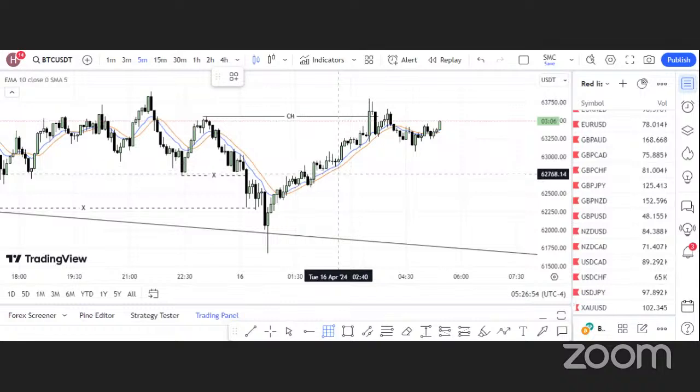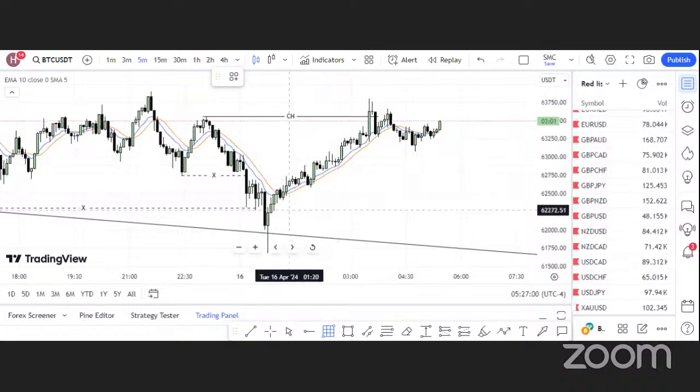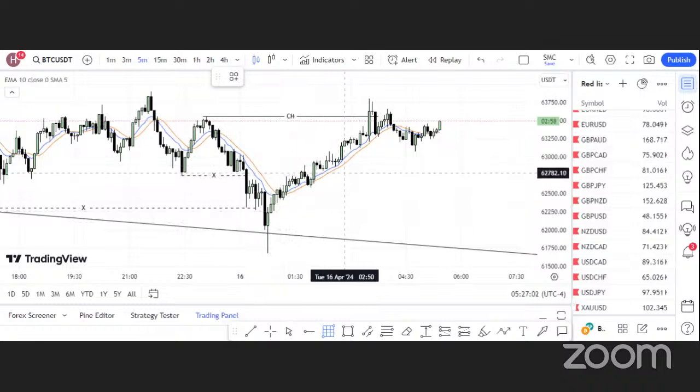Remember what I said about a bullish or bearish in a bullish market. You want to look out for a bearish candle inside the bullish trend. When you see a bearish candle inside the bullish trend, what does that mean? It means the market retested a level.